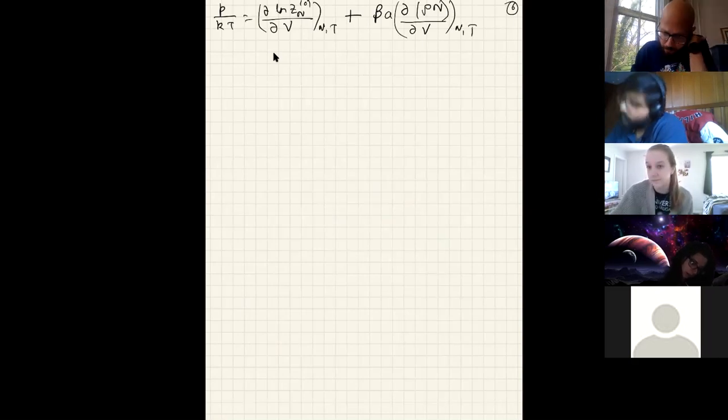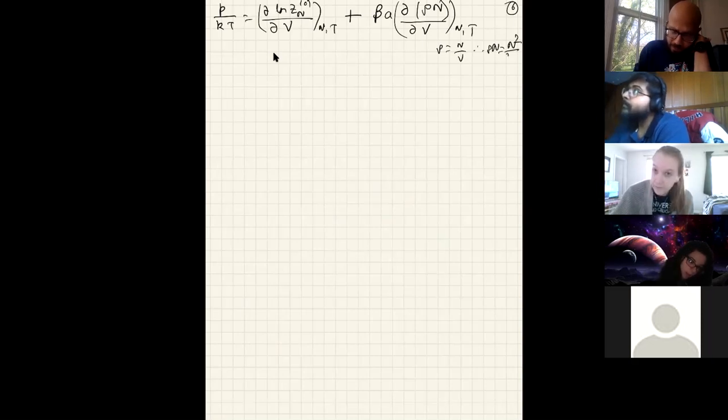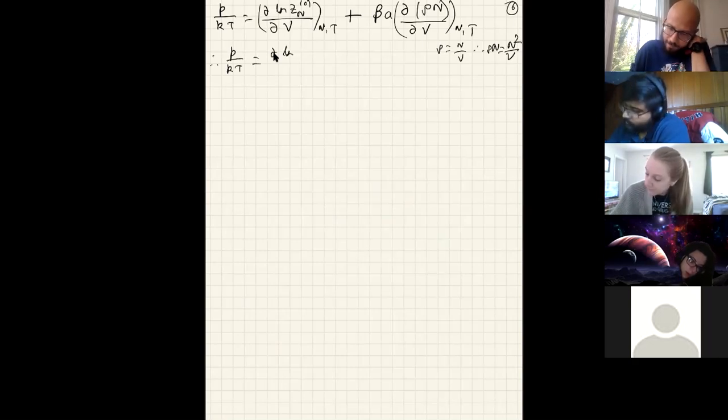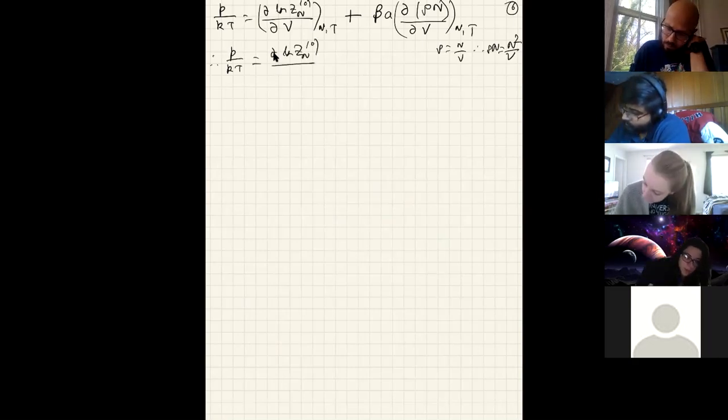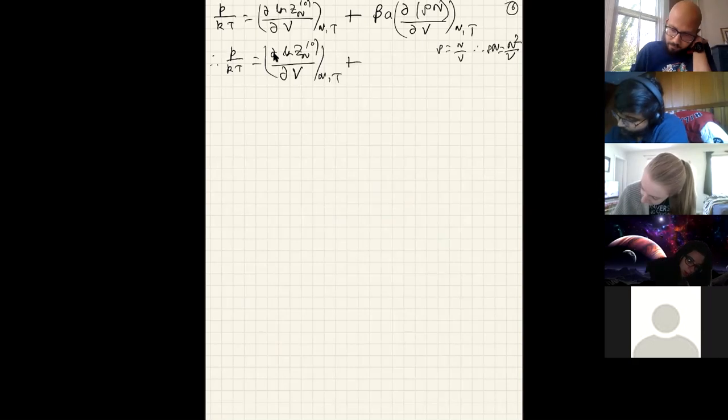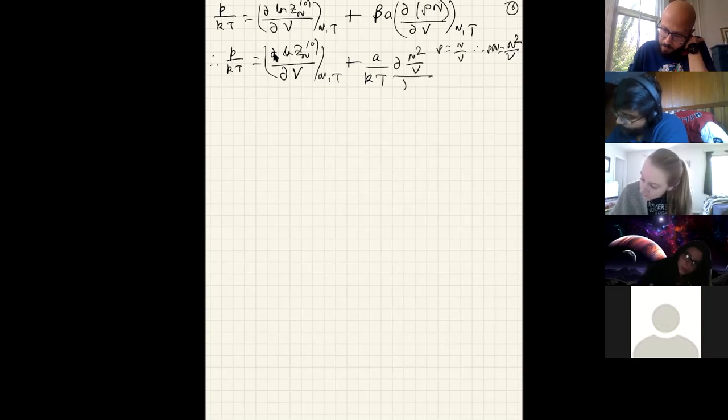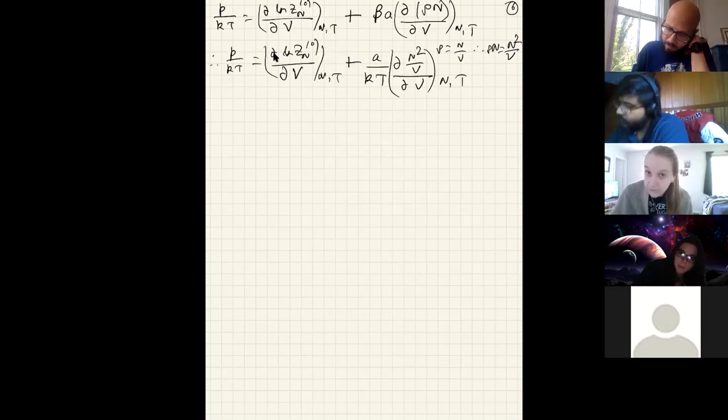We have to get rid of rho. We will use rho is equal to N by V. So therefore rho N is equal to N square by V. So therefore P by kT is equal to partial ln Zn naught by partial volume at N, T, and beta A we can write as A over kT. And this thing now becomes partial of N square by volume by partial V at constant N, T. N is constant, so this N square can be taken out.